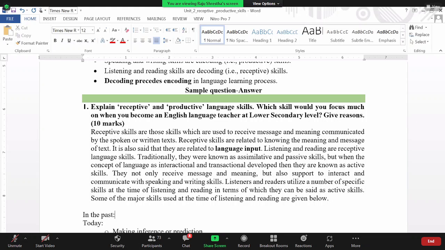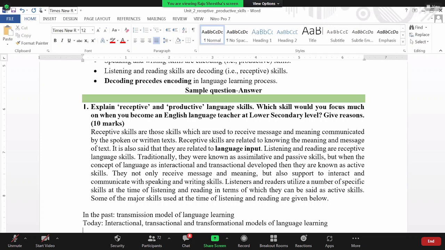Past मा के भयो भने यो transmission model of language learning यो हावी थियो पहिला. अहिले चाहिँ interactional, transactional and transformational models of language learning.